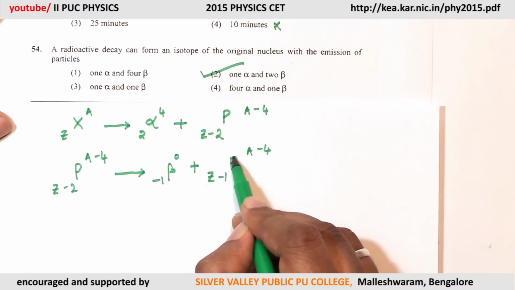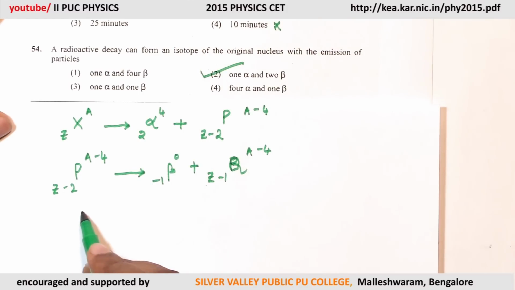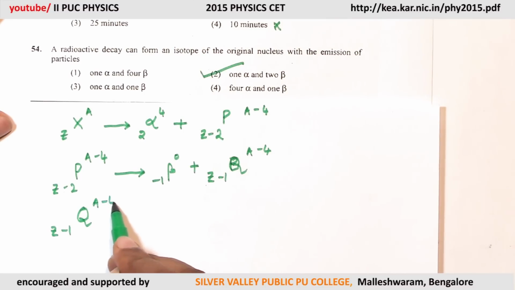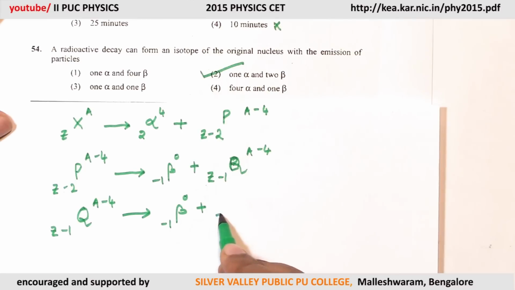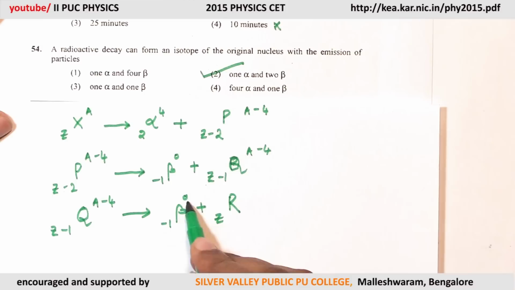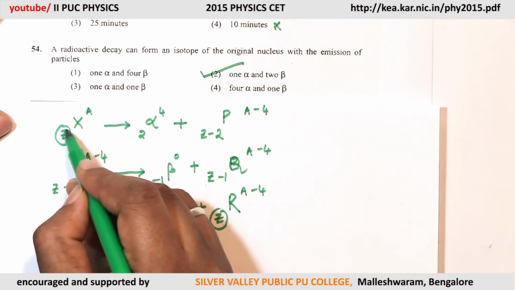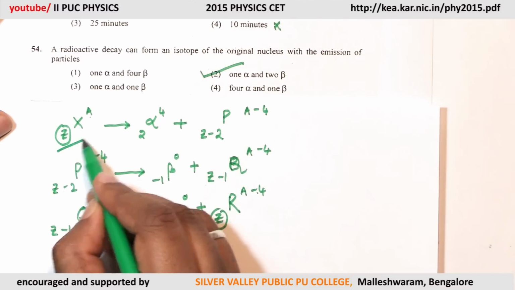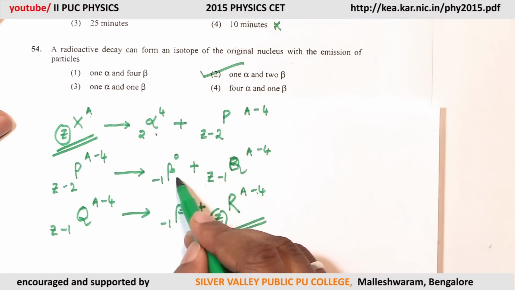Some other element Q. Now if Q emits one more beta, then there should be Z, element R, A minus 4. See, atomic number is same, different mass numbers means these two should be isotopes. To be isotopes, there should be emission of 1 alpha and 2 beta. It's a standard result.